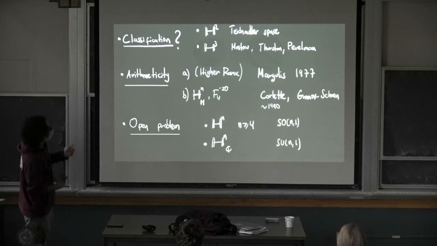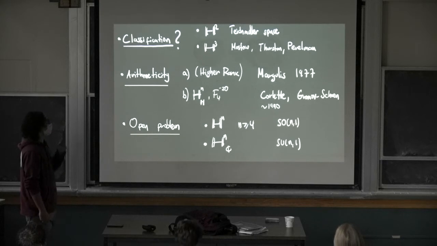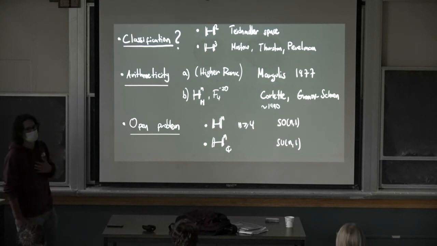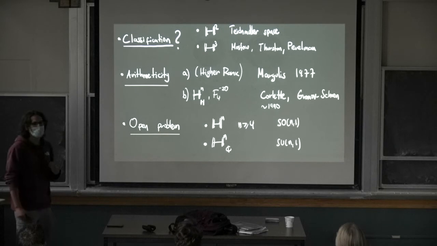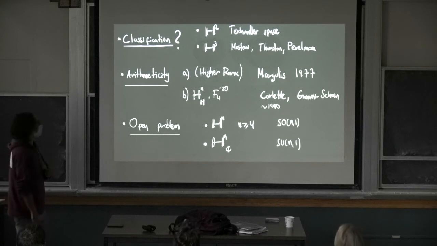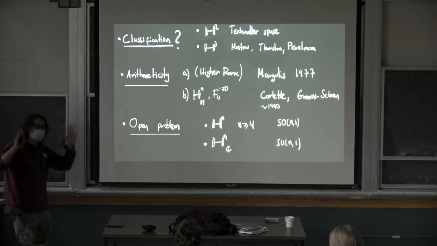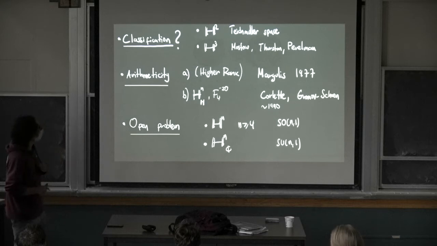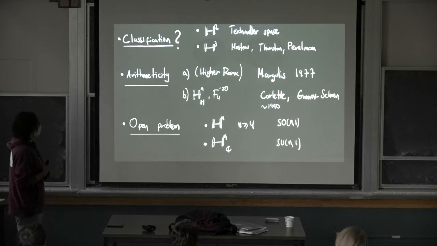But in H3, thanks to work of Mostow and especially due to Thurston, it is well understood which 3-manifolds have a hyperbolic metric, and the generic manifold somehow has this hyperbolic metric, which was quite surprising back in the 80s, I think.